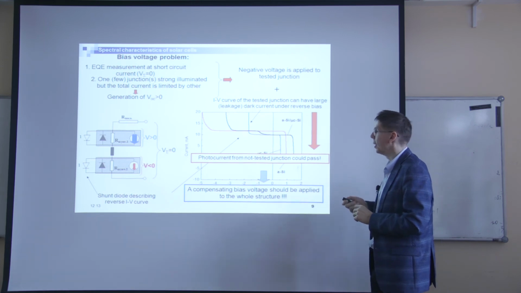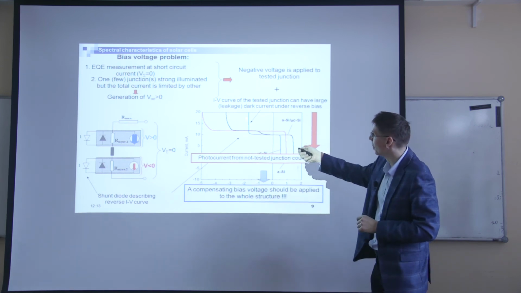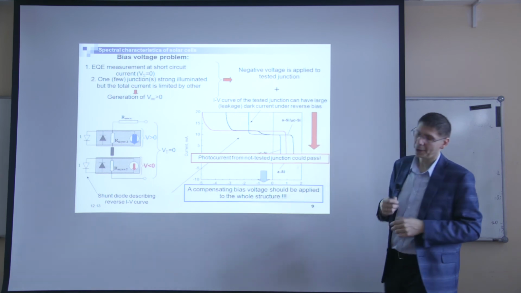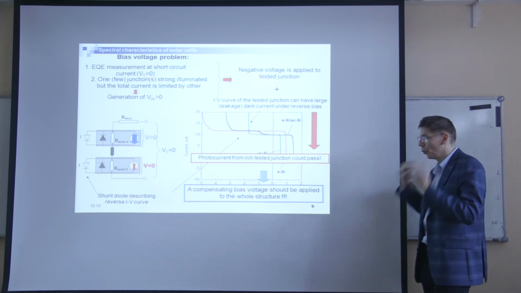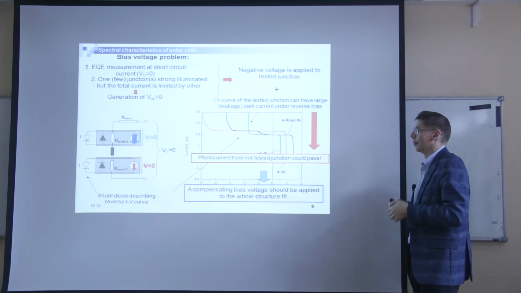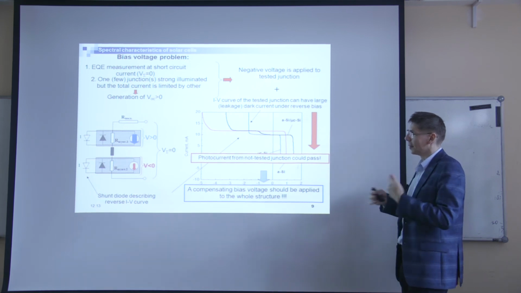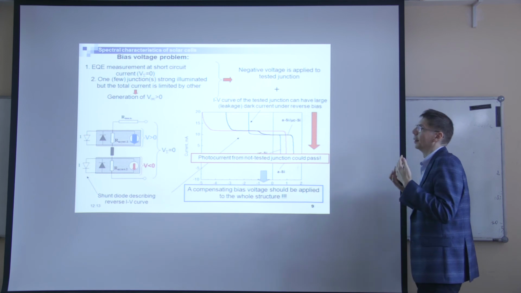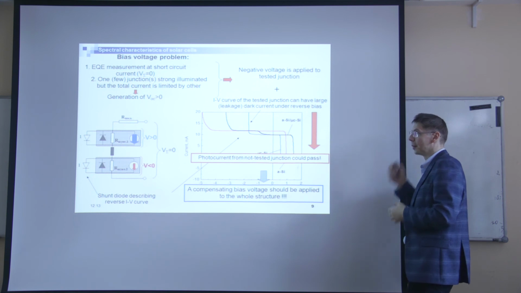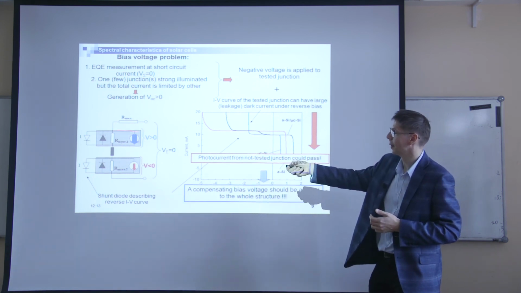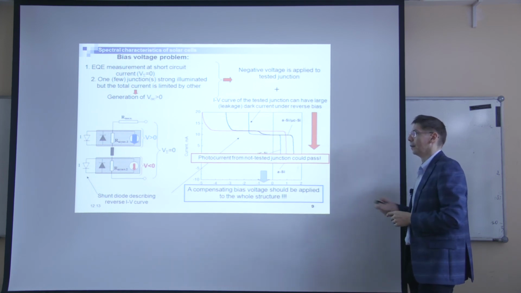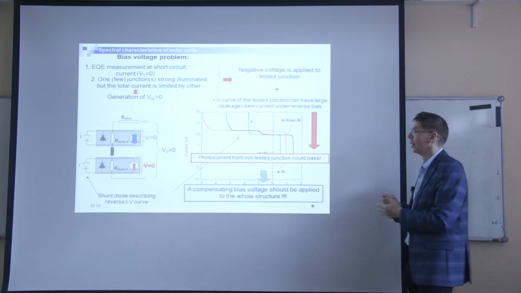But if there is some leakage, maybe not like this, but some dependence, some increase of the reverse current, you would get some problem. I mean, this leakage would give you incorrect measurements. You have some current, and it means that you would be sensitive to this unmeasured junction.